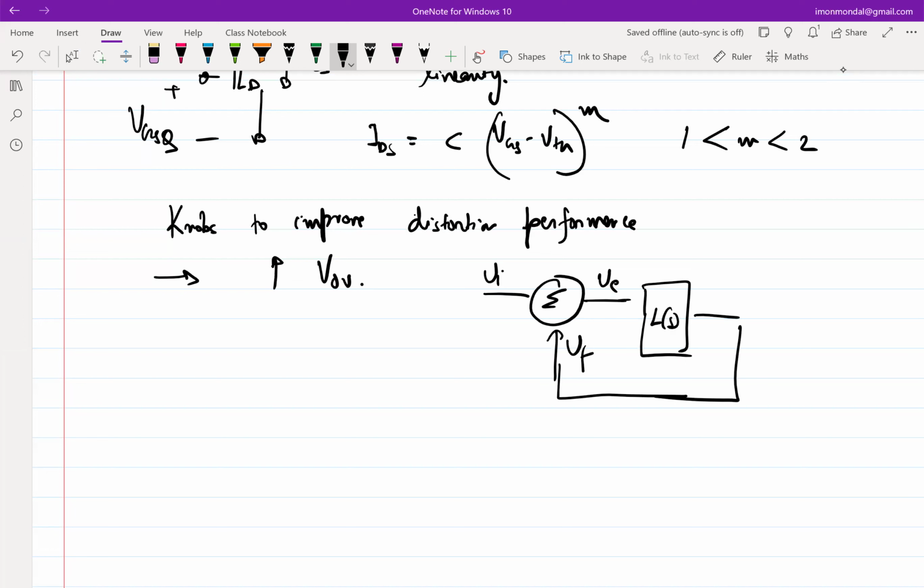So everything is good as long as V error is 0, or close to 0. And that can only happen if VF is exactly equal to VI, both in magnitude and phase, right? If VF is not in phase with VI, then VE will not be equal to 0. So it's not only sufficient to have high loop gain, you also have to ensure that the phase lag between VE and VF is not significant, right?